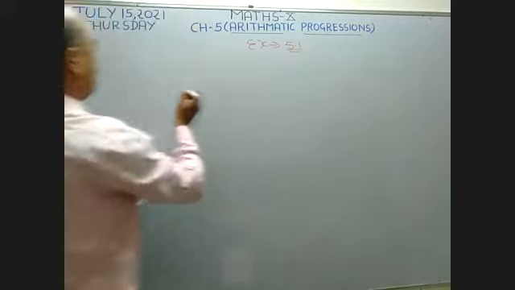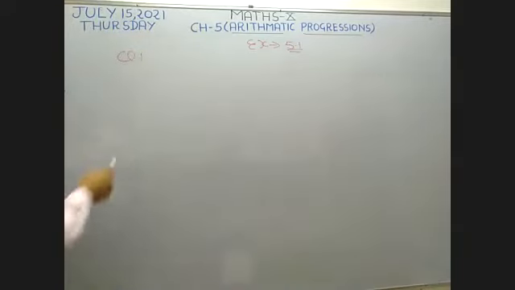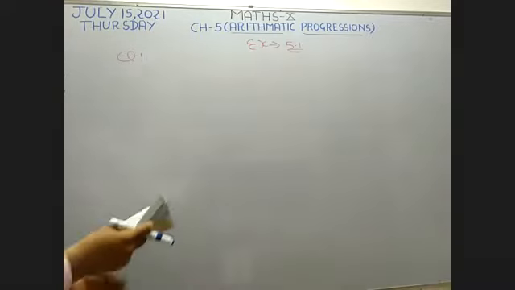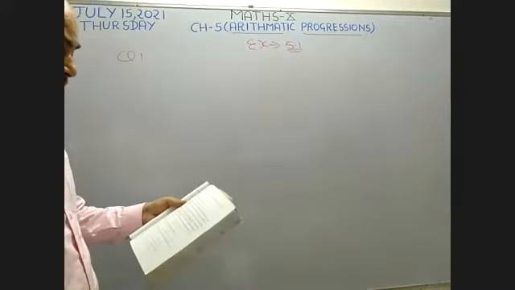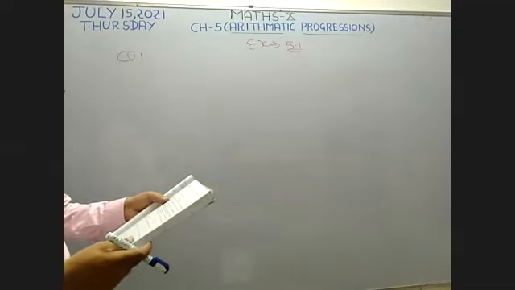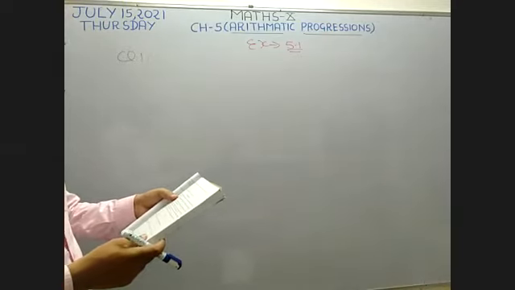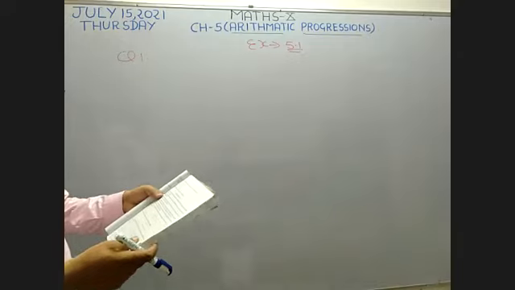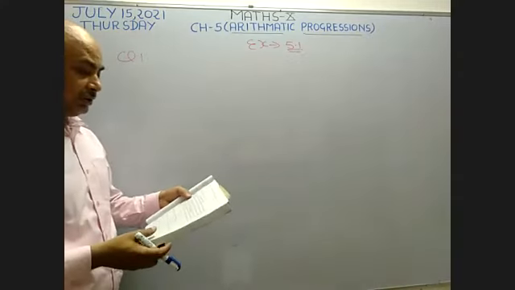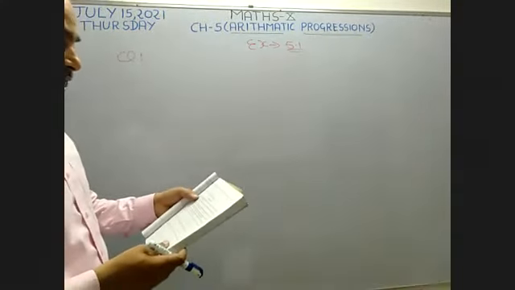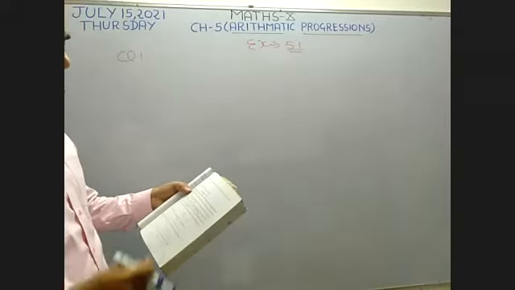I'm going to solve its first question. Question number 1. See what is given in the question. In which of the following situations does the list of numbers involved make an arithmetic progression, and why? Some situations are there, beta.